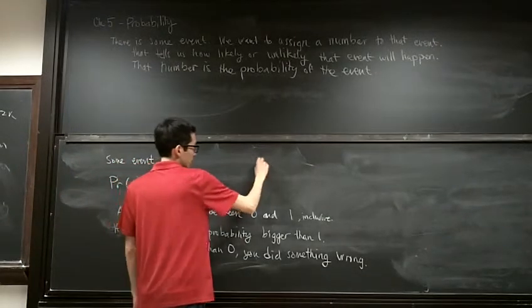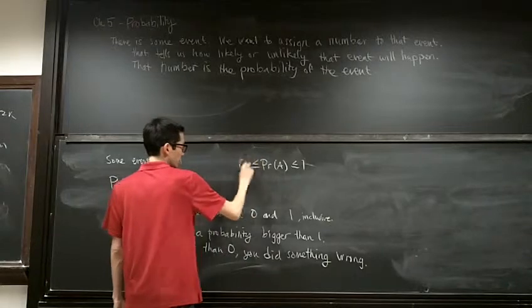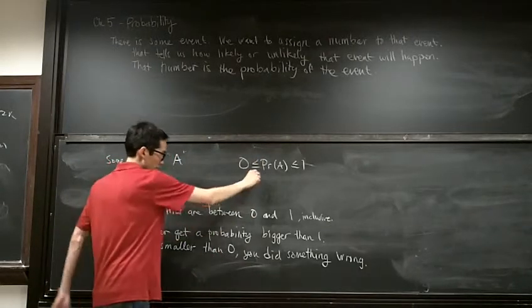To say that rule, we just say probability of A is between 0 and 1. These two things say the exact same thing.